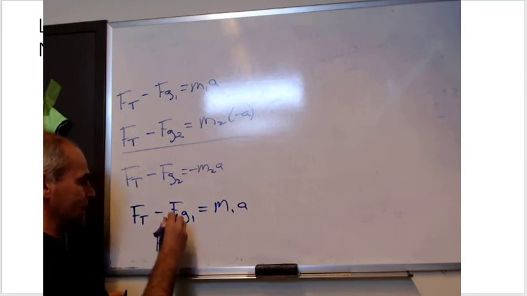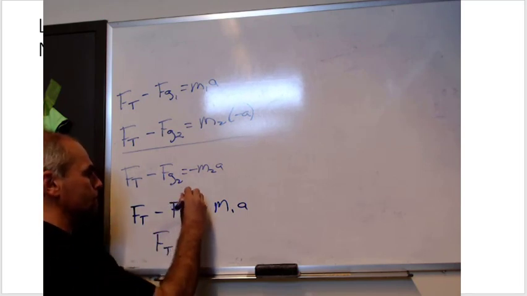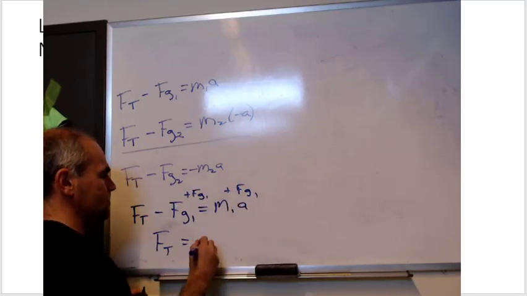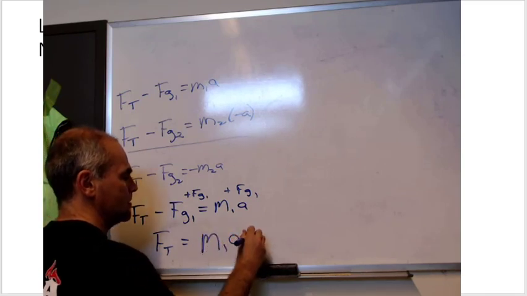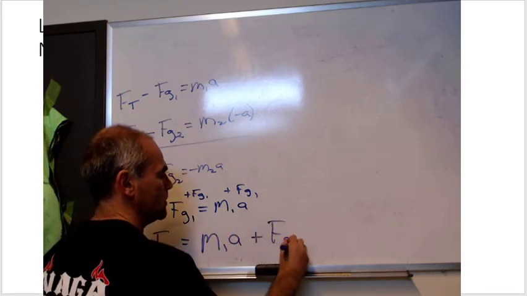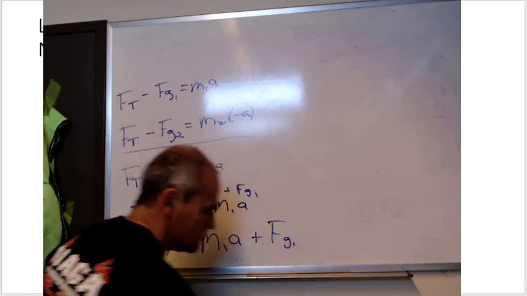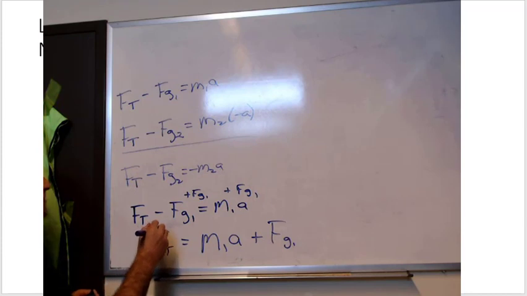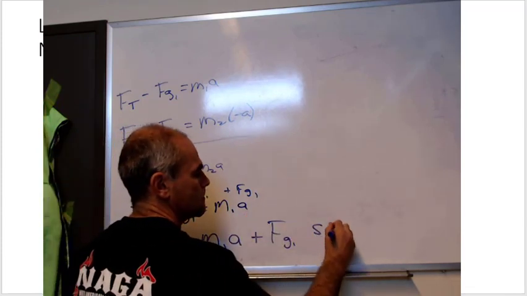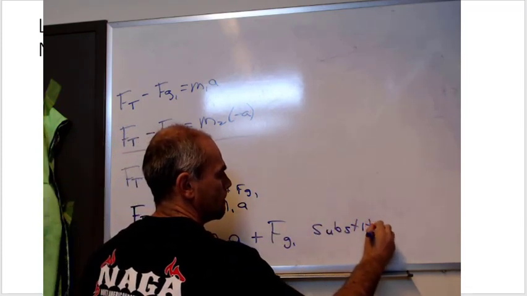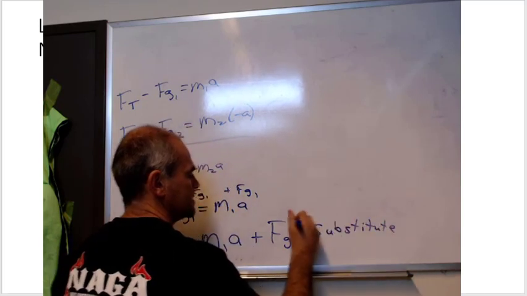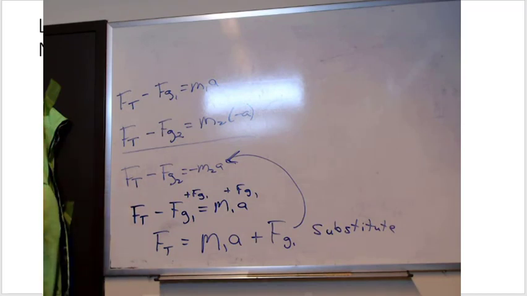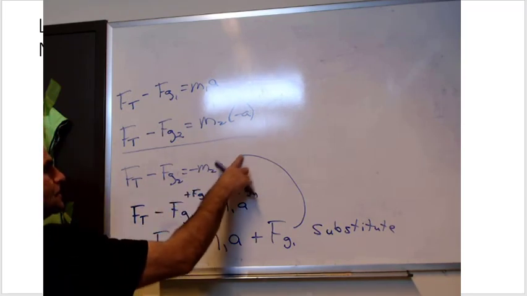I'll arbitrarily solve for this one. I'll add Fg1 to both sides, so Ft equals M1A plus Fg1. I solve this for Ft, and then I'm going to substitute this into the other equation.